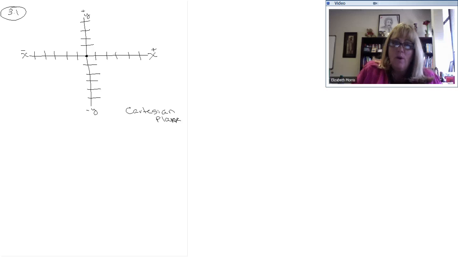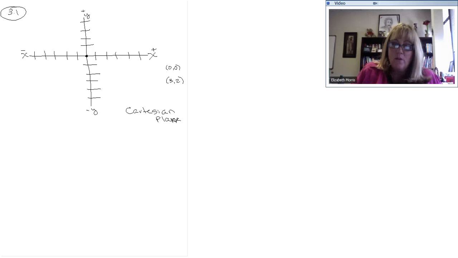Every point on this graph has an x and a y coordinate. The one right in the middle that I called the origin is at 0, 0. That is 0 for x and 0 for y. If I wanted to graph 3, 2, the first number is always your x. The second number is always your y.